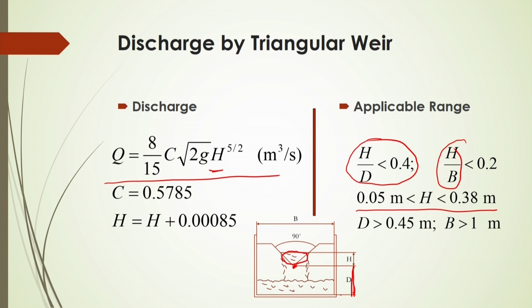And so, within this range of the geometry of this weir, you will be able to calculate the flow rate here. So, this has one disadvantage, that it will work only within a certain range of geometric variables of this weir.